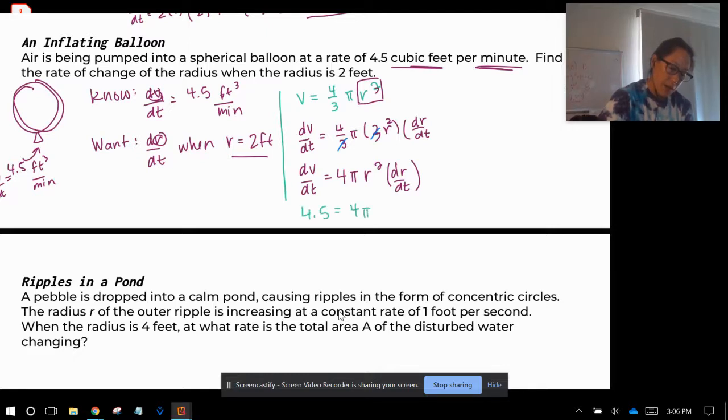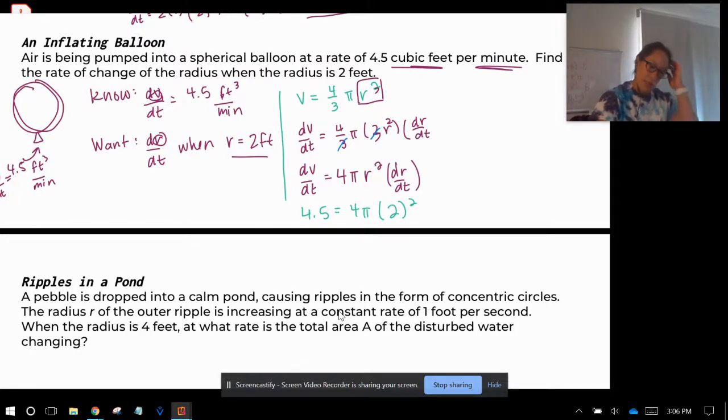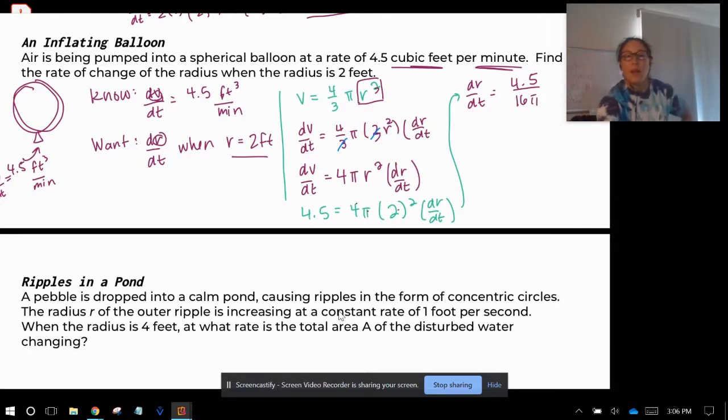Now we're going to solve for dr/dt because I know that dV/dt is 4.5, 4 pi, and my rate, I'm evaluating at a specific time, like when the radius is 2, and I'm going to multiply that by dr/dt and solve. So I get dr/dt is equal to 4.5 over, let's see, 4 times pi is 16 pi. And I simplify that to give me dr/dt.